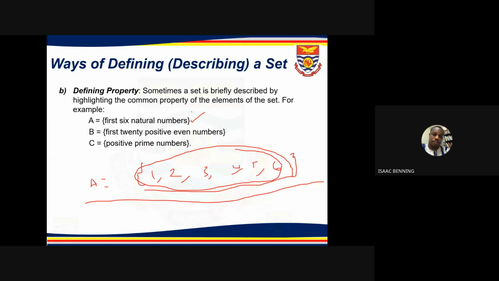All these are positive prime numbers, right? Positive primes. If we just say a set of prime numbers, someone may go and include -2, -3, -5, -7. So you have to write a distinct description of the set.